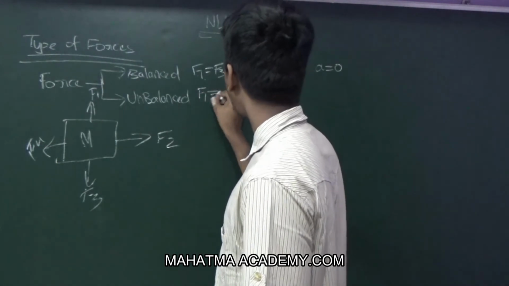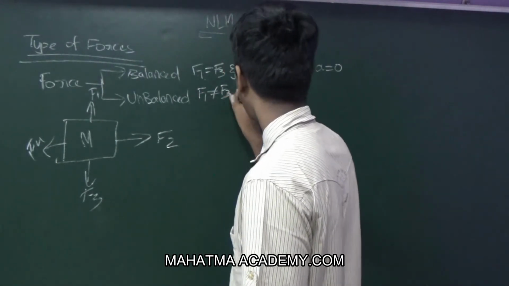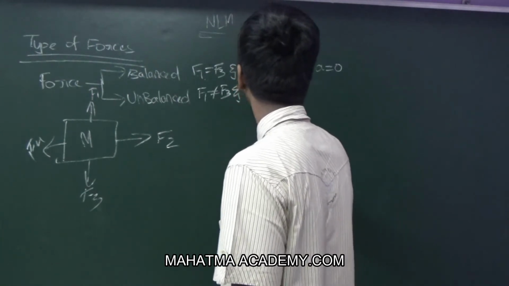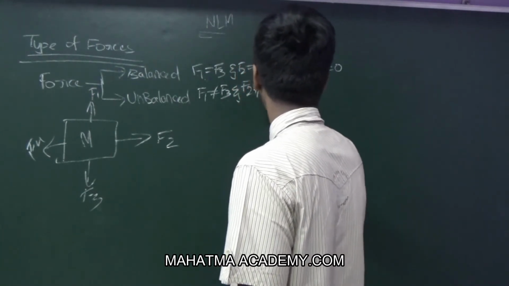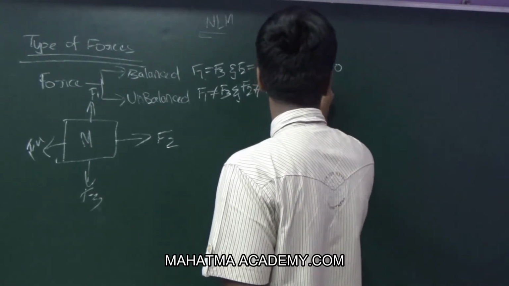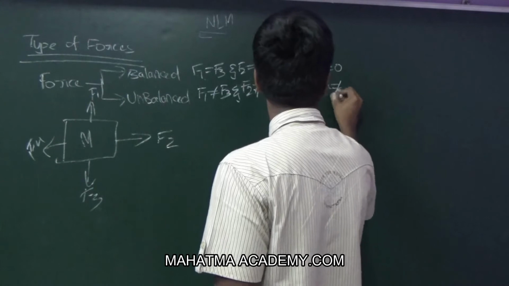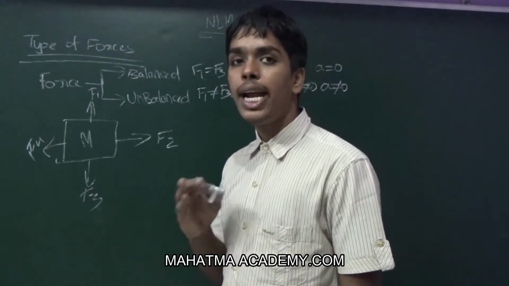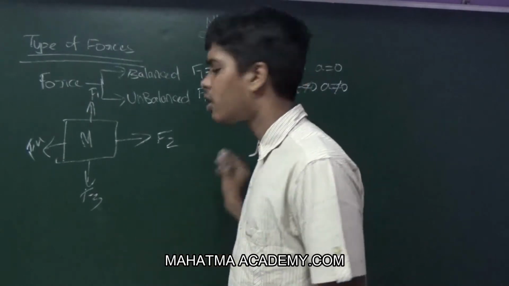Here it is not balanced, and F2 is not equal to F4. So F net is not equal to 0 and acceleration is not equal to 0. The body will move in the direction in which the force is more.